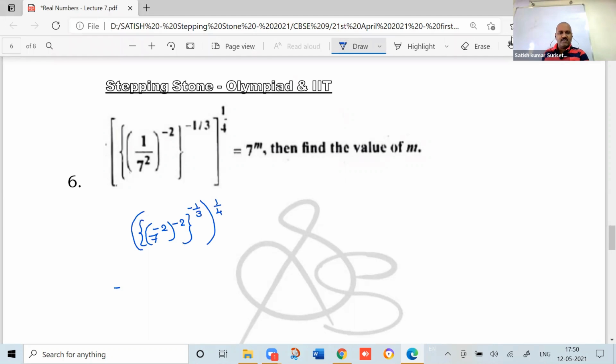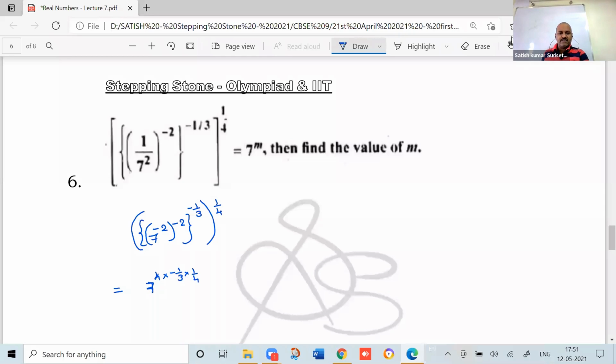Now, this will be same as 7 to the power of minus 2 into whole to the power of minus 2. It is like a power m whole power n, a power mn. So minus 2 into minus 2, minus into minus becomes plus. So 7 to the power of 4, and again into minus 1 by 3, and again into 1 by 4.